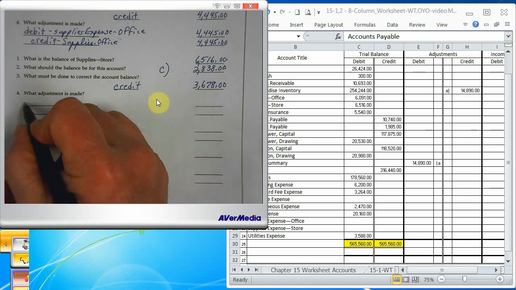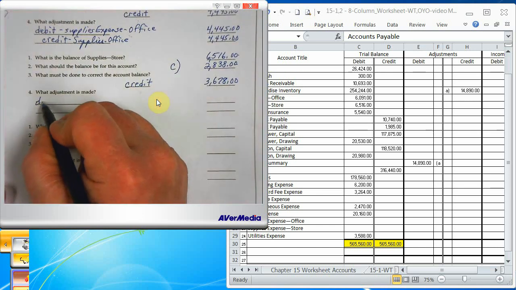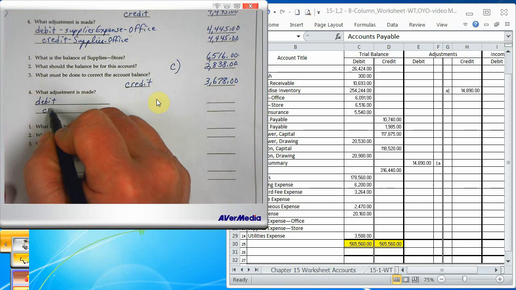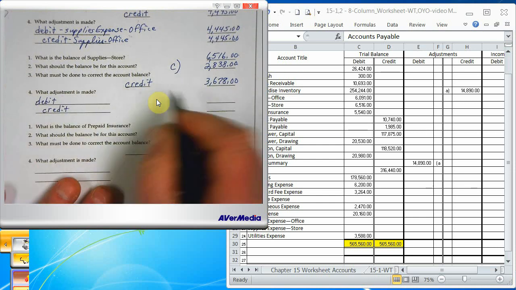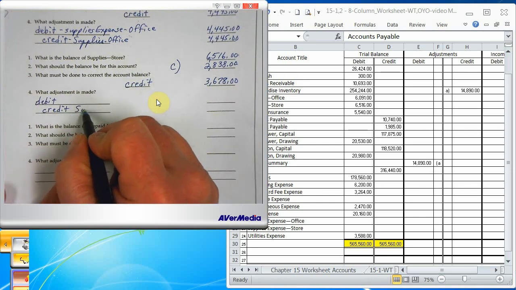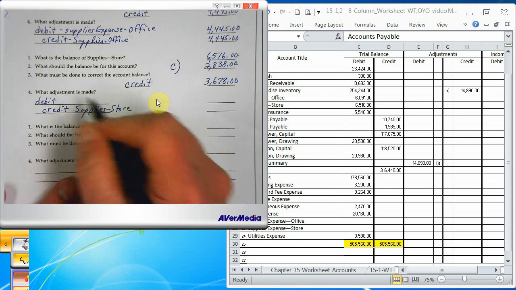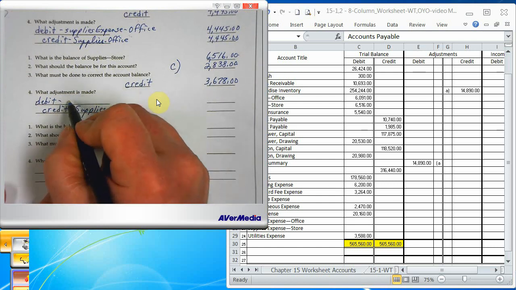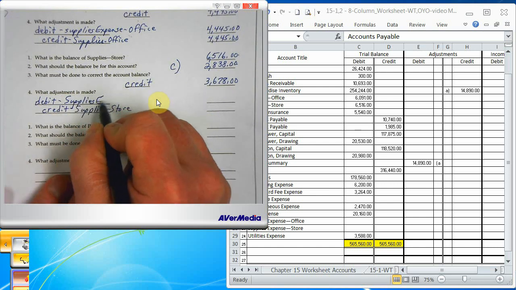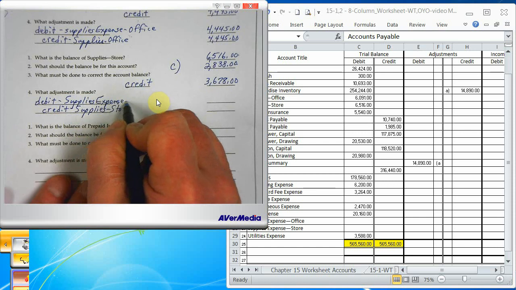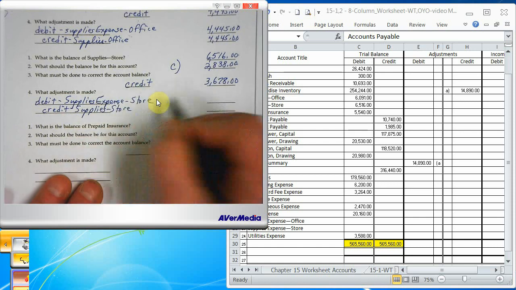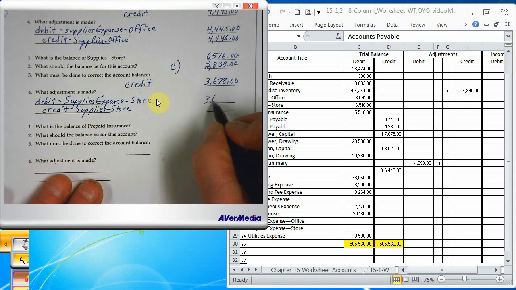Since we need a debit and a credit, here we have to credit the supplies store, and then we have a related expense account, which is supplies expense, store, for $3,678.